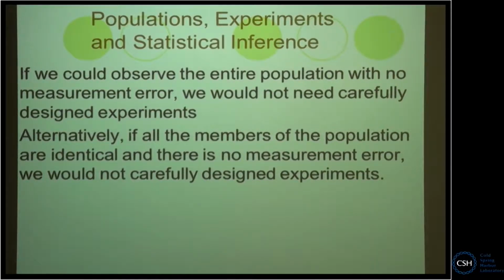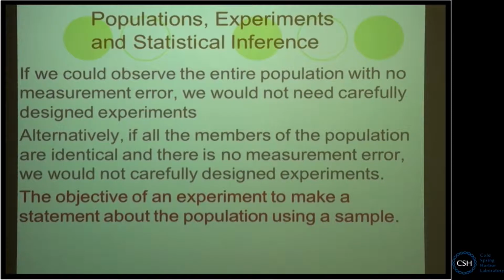We take one measurement for everybody, and that's it. And if everybody's the same, there's no biological variability, then we only have to measure one individual. So our objective is to overcome basically the main problems that we have, which are measurement error and biological variability.